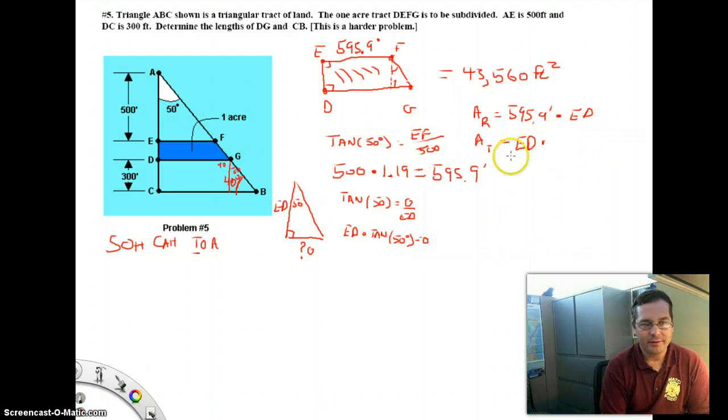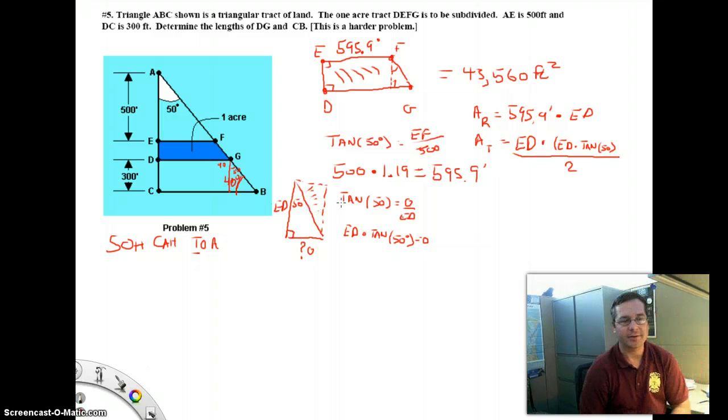So the area of that triangle is its height, which is ED, times its width, which is ED times the tangent of 50 degrees, and that entire quantity is over 2, because the triangle only occupies half as much space as the equivalent rectangle would, right?